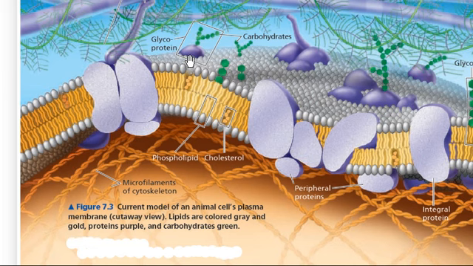Some of the membrane proteins have lipids attached to them, whereas others have carbohydrates attached to them. Carbohydrates can be attached to the phospholipid heads also, and they have a function in cell to cell recognition. And there you have the molecule of cholesterol. Cholesterol acts as a fluidity buffer.